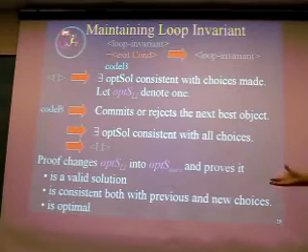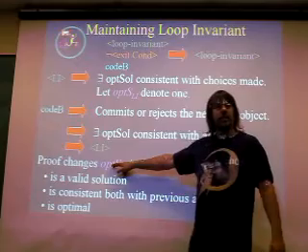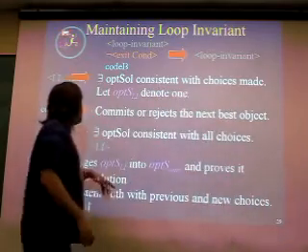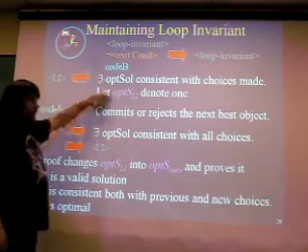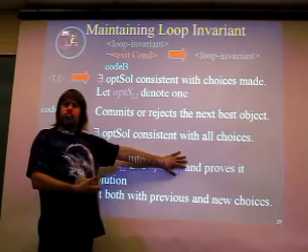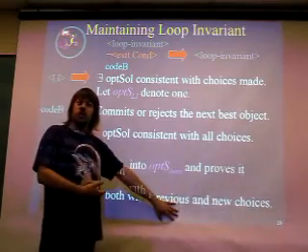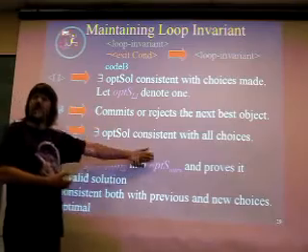And then once we've shown how to construct this thing from this thing, the bottom line is, we know this exists from our loop invariant. If we had this, we could construct this, which would prove that the loop invariant was true. Now we don't have this, but we know it exists.